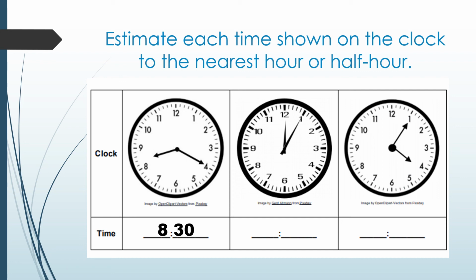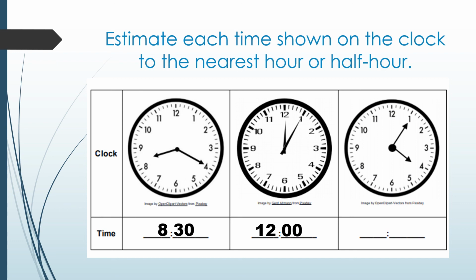On our second clock, our hour hand is pointing at the 12. Our minute hand is pointing at the 1. This minute hand, is it closer to the 6 or is it closer to the 12? It will be closer to the 12, meaning that this clock is nearest to 12 o'clock.